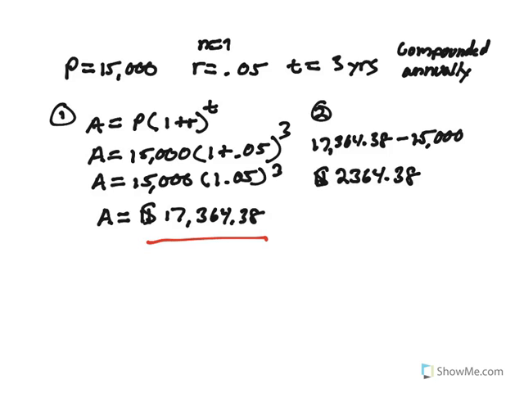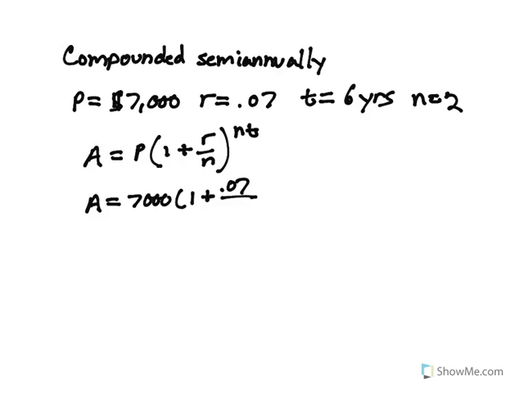But there's no n in that formula, I'm just telling you how many times it's compounded. If it's compounded annually, we use that formula. And for compounded more than once a year, we use this one, and that's when the n factor takes into account how many times per year it's being compounded. So n has to be 2.